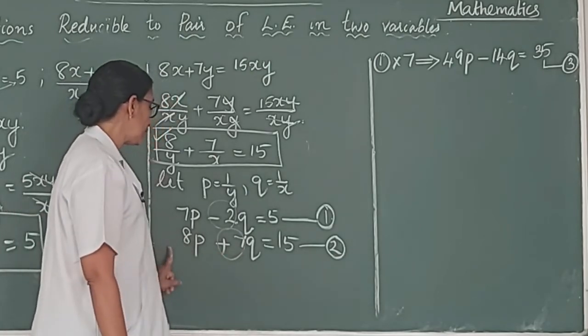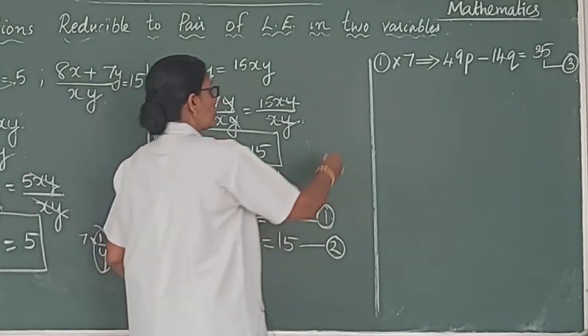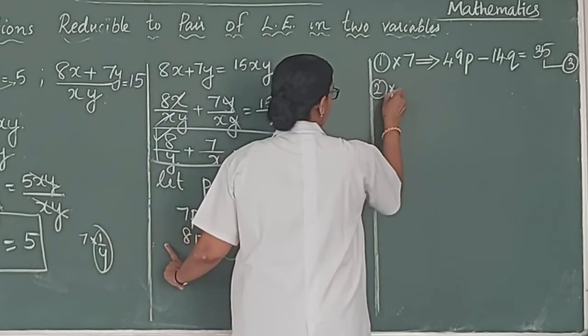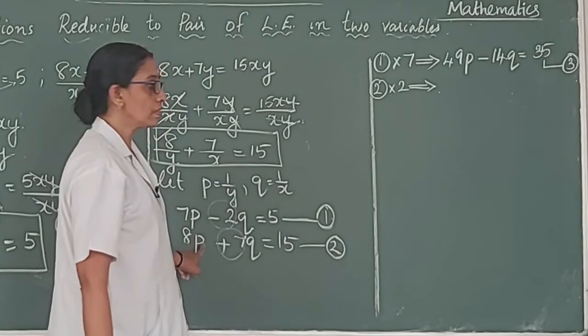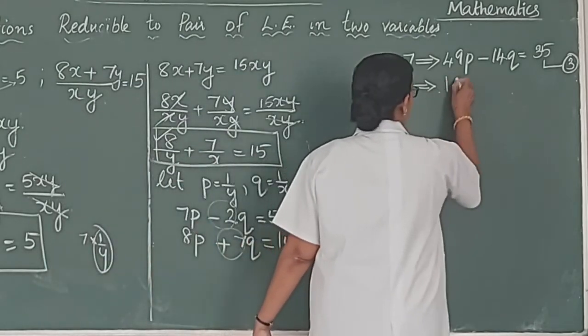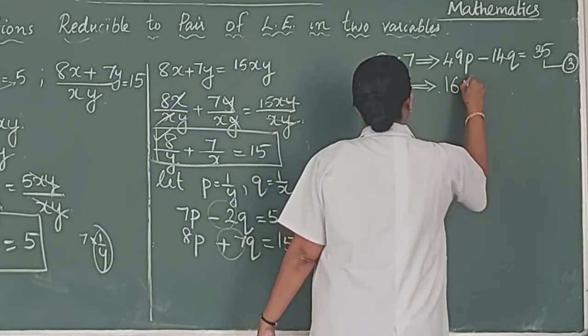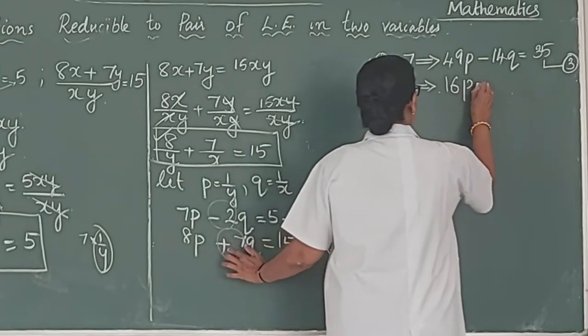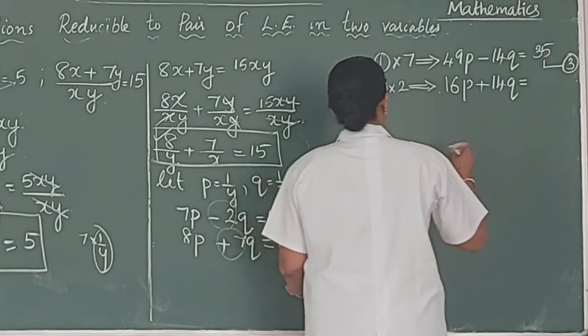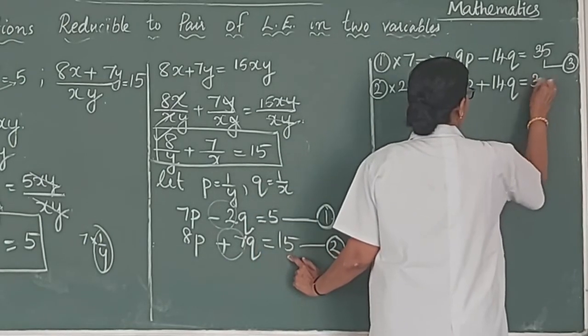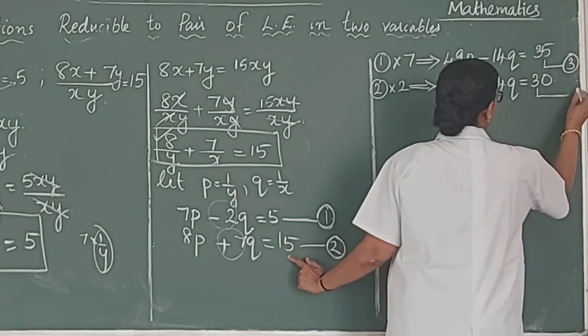Equation 2 multiplied by 2 gives 2 into 8, 16P + 14Q = 2 into 15, 30. Equation 4.